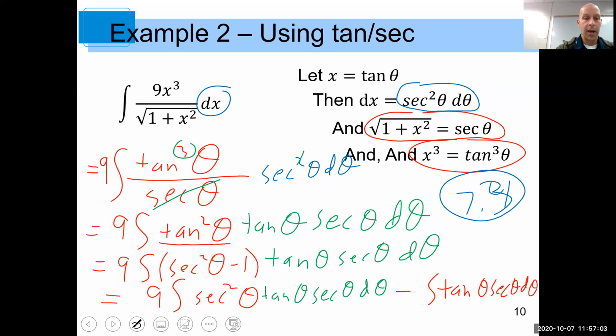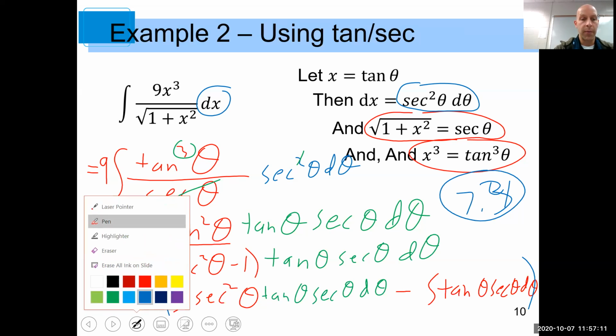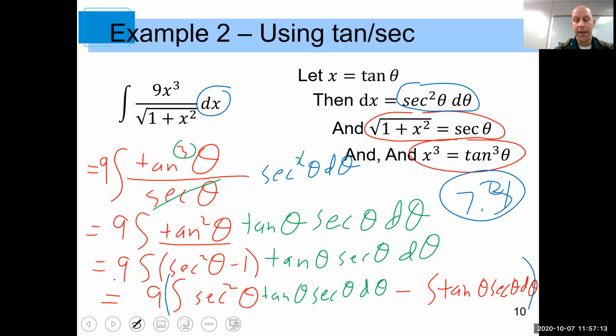I need to make sure I don't forget my brackets here. This whole thing has to be multiplied by 9. Now, I'm hoping that you're recognizing that the derivative of secant theta is tangent theta secant theta d theta. So now I can do a u sub, where u is secant theta, and then du would be tangent theta secant theta d theta.